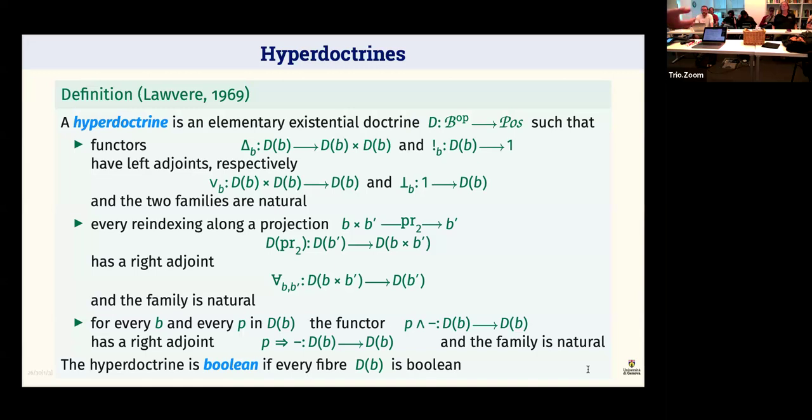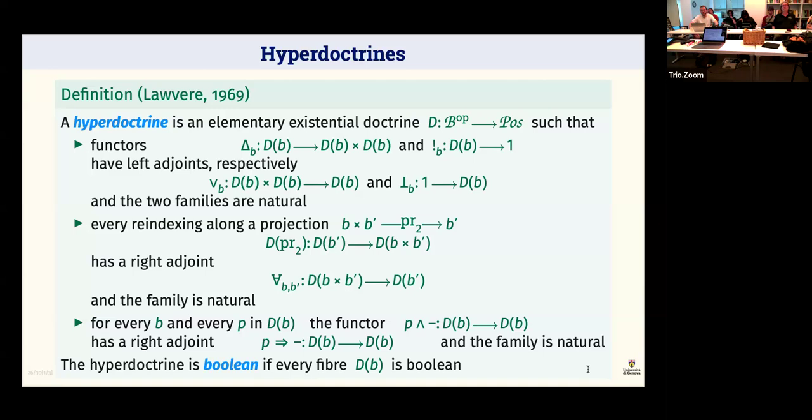The conjunction is there, but not the rest. I can introduce disjunction, falsehood, a universal quantification, implication, and when I have all these properties in a doctrine, then I have a hyperdoctrine. And this was the original definition which appeared in '69.